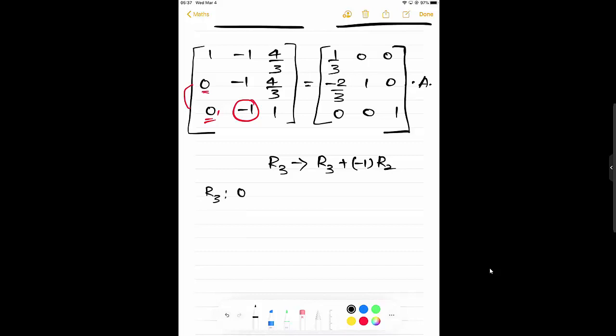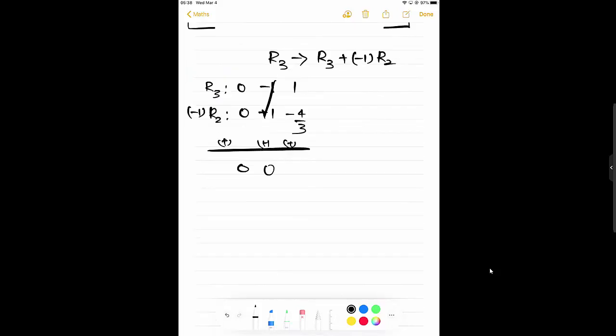R3 we know 0, minus 1, 1, minus 1 of R2, 0, plus 1, minus 4 by 3. If you do addition, this will change to 0, change to 0. 1 minus 4 by 3 will be minus 1 by 3.